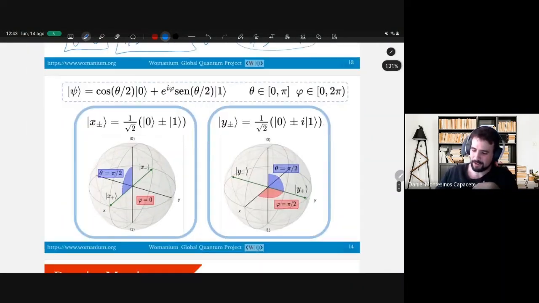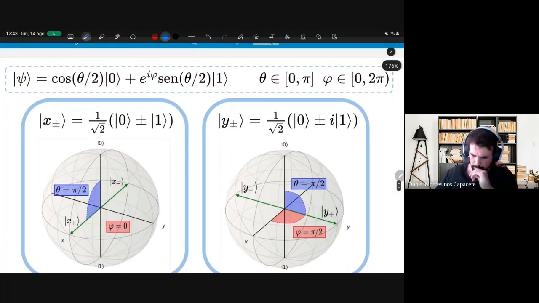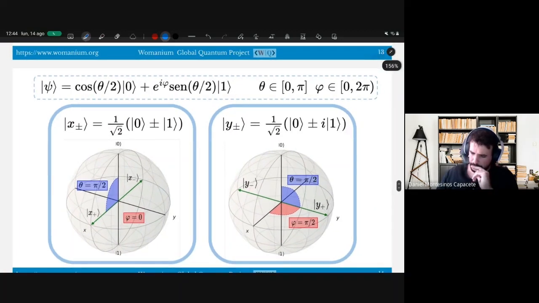Right. So let's see some more difficult examples. Take theta equals 90 degrees, or pi over 2. If you do that, you will get here pi over 4.